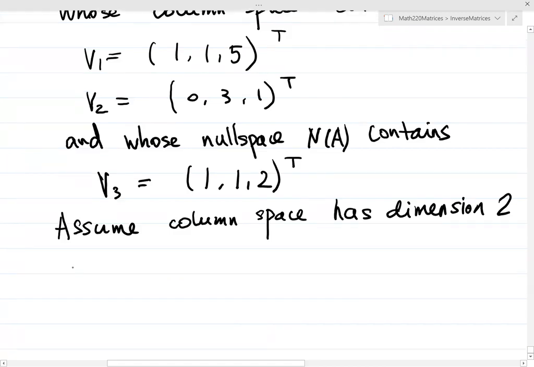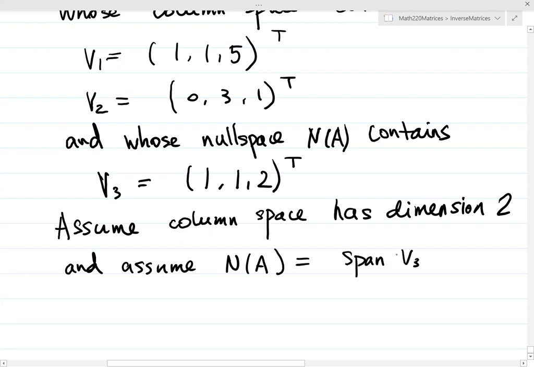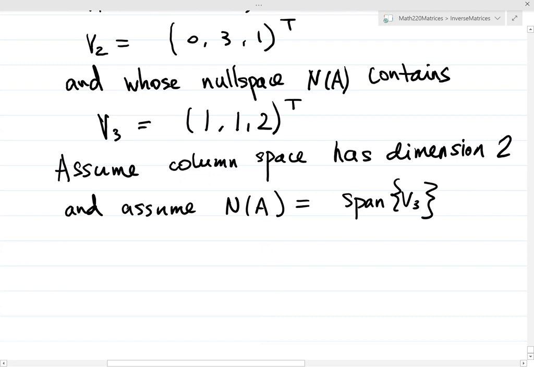And we assume the null space, we just choose the null space to be the span of V3. Yeah, it's just V3. So we get rank A is 2. Dimension of null space is 1.